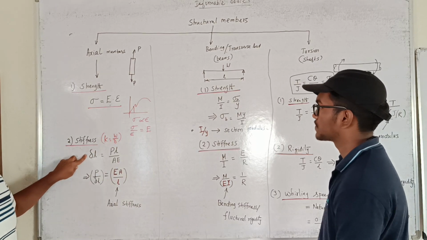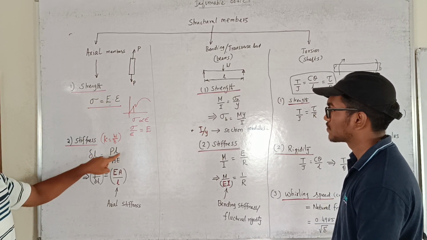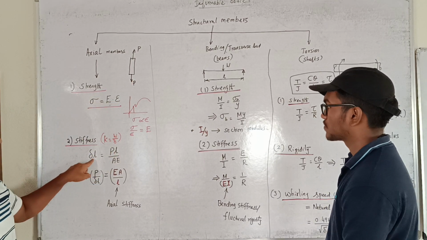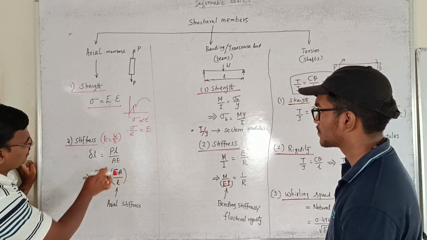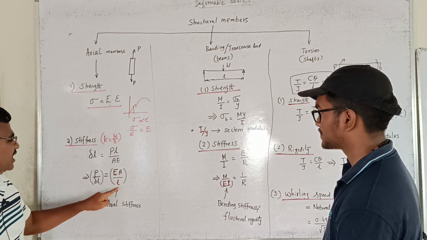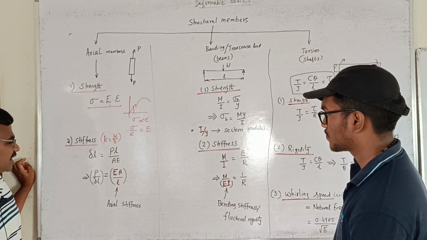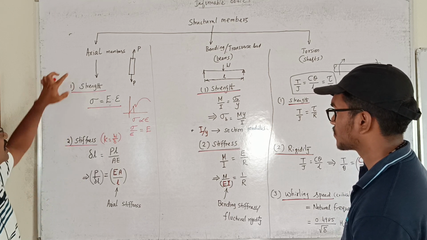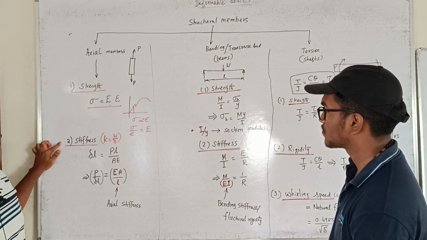So we know the deflection because of this load is PL by AE. From this P by delta L we can write it as EA by L if you do cross multiplication. So this term EA by L is otherwise known as the axial stiffness. So this axial member is based on two criteria: one is strength, another one is stiffness.